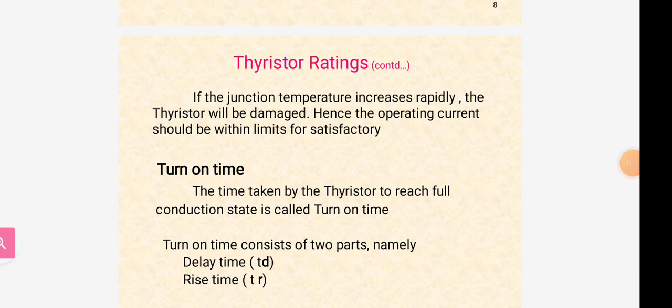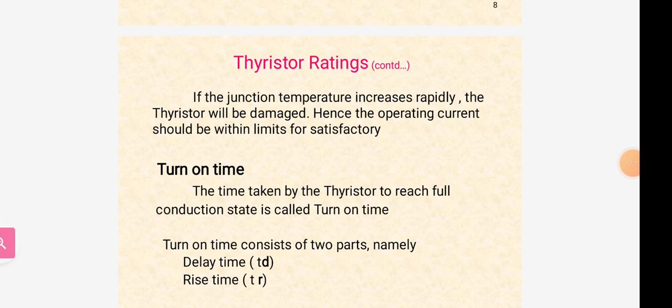The surge current rating of a thyristor is inversely proportional to the duration of surge. I square T rating: this rating is mainly employed to operate as a fast acting fuse for protecting the device during overload or fault conditions.